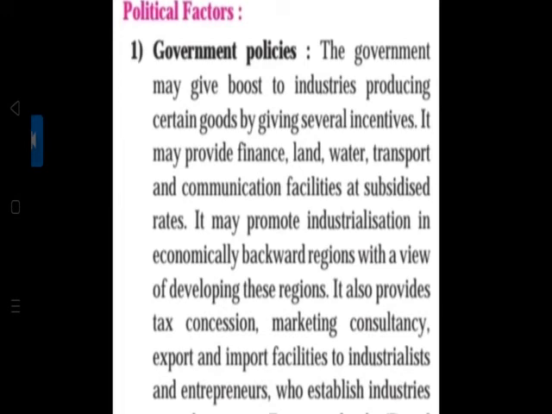As I said, some regions lack a lot of things, and to develop or advance those areas in a better way, industrialization is promoted. It also provides tax concessions, marketing consultancy, and export and import facilities to industrialists and entrepreneurs.